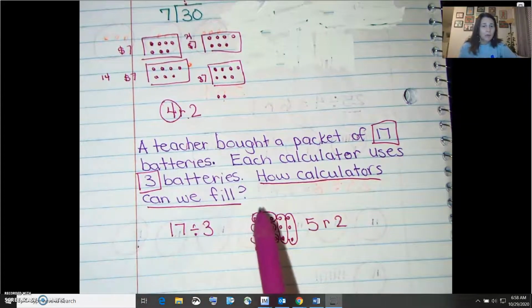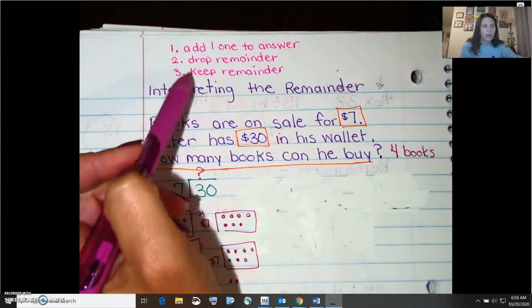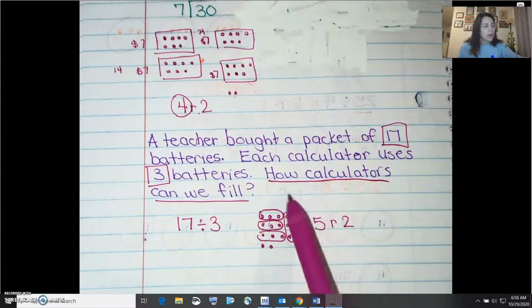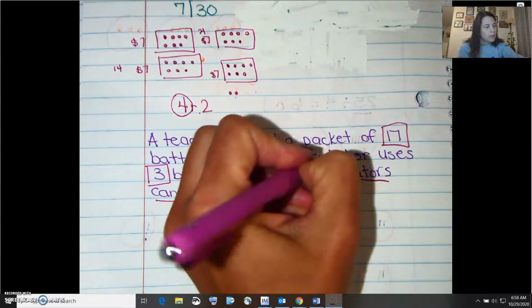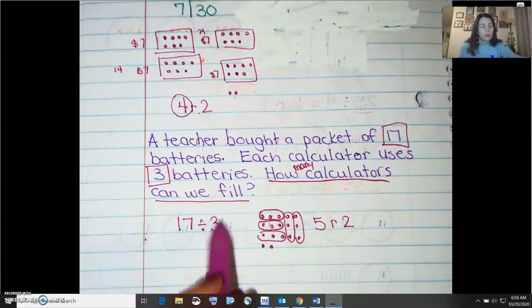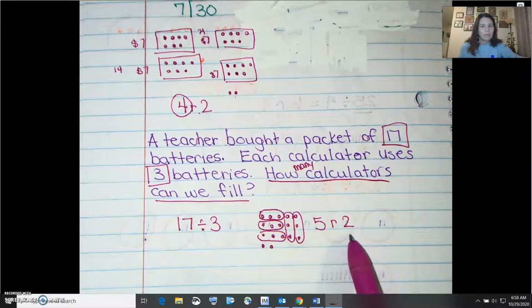Okay, so now let's go back to our question. We have to decide, do we add 1 to our answer, drop the remainder, or keep the remainder? What would make sense? How many calculators can we fill? Well, can we fill this last one, this remainder 2?